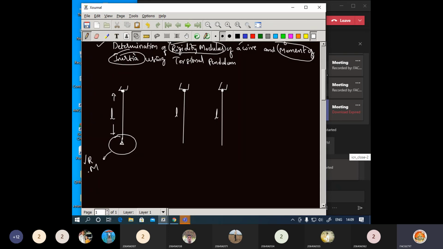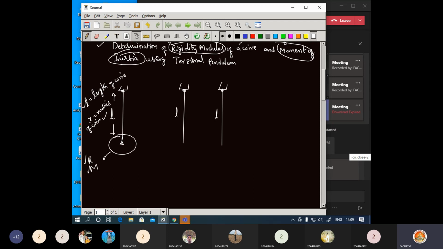So these two are remaining the same. We are not going to change anything. And here length is also remaining the same. Here r is the radius of the wire, and L is the length of the wire.